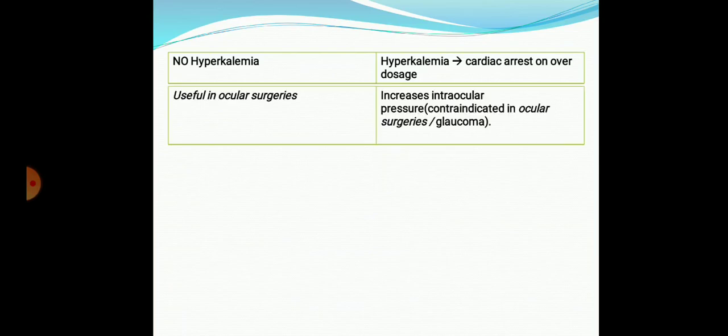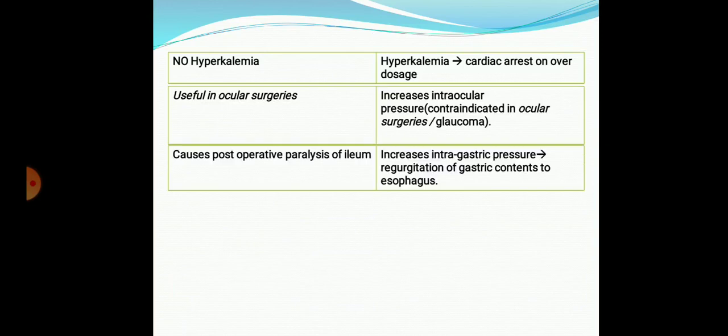As I mentioned, competitive blockers are useful for ocular surgeries, while depolarizing blockers should be avoided during ocular surgeries because they can increase intraocular pressure. So that has to be avoided, and also in patients with glaucoma, this drug has to be avoided. The competitive blocker can cause post-operative paralysis of the ileum or even cause post-operative urinary retention.